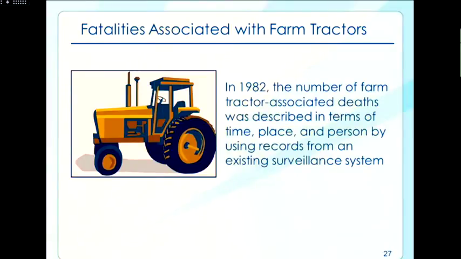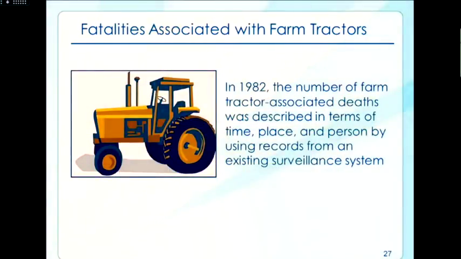In 1982, an epidemiologist in the Georgia Department of Public Health became interested in the number of deaths associated with farm tractors. He determined he could actually examine this issue by using information that had already been collected, by using death certificates that were part of a previously existing surveillance system.